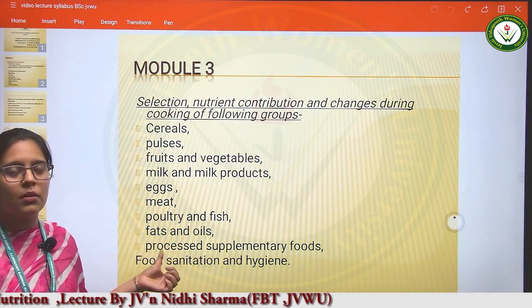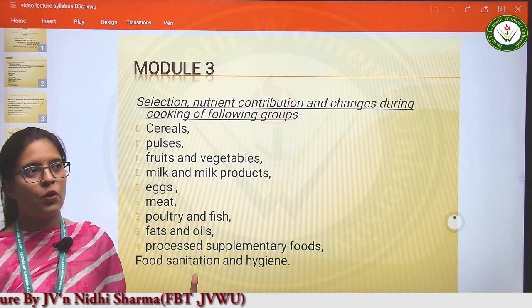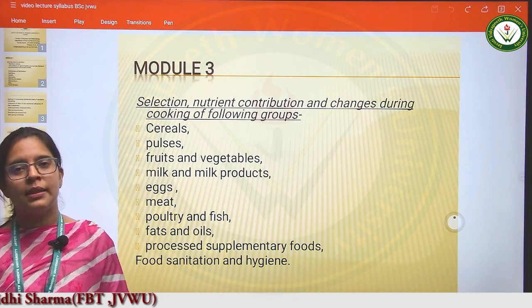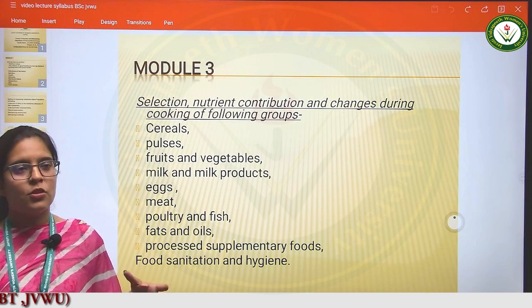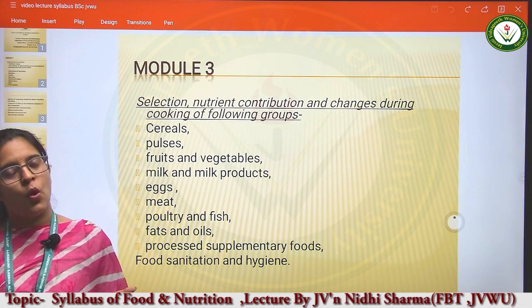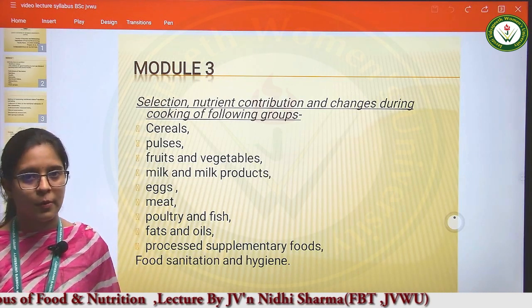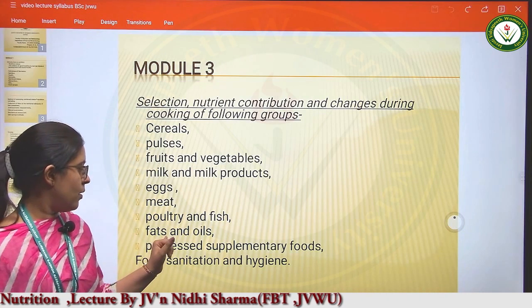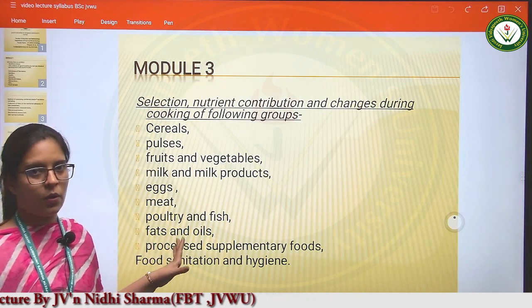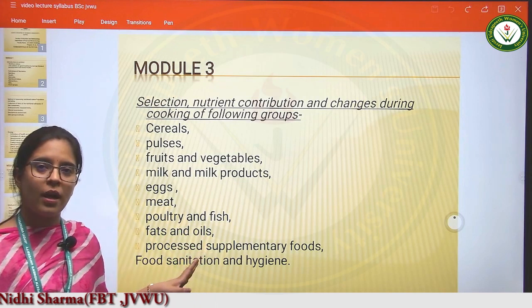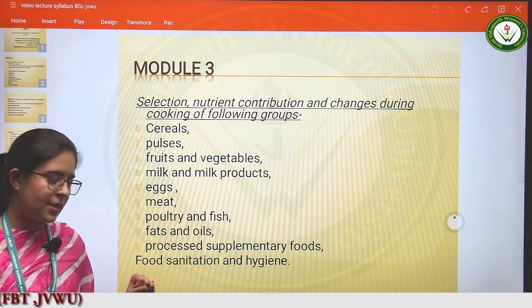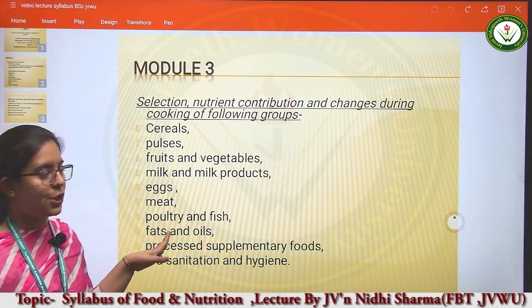If you are purchasing from a local vendor who is selling oils in the open, not properly packed, then smell it properly. Prefer packed fats and oils which are certified by FSSAI. So this is the selection process.